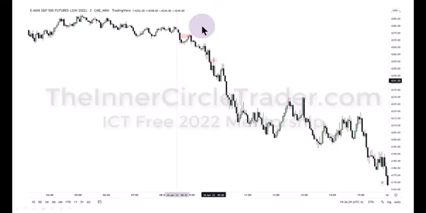But it may not do that. And price just remained heavy below both opening prices at midnight New York local time and 8:30 New York local time. So everything was extremely bearish, and it was just so heavy it could not mount any meaningful rallies.